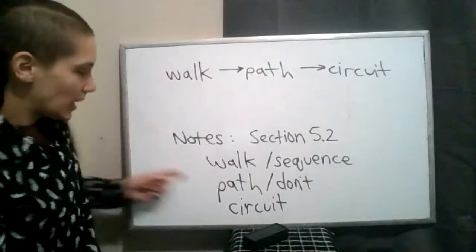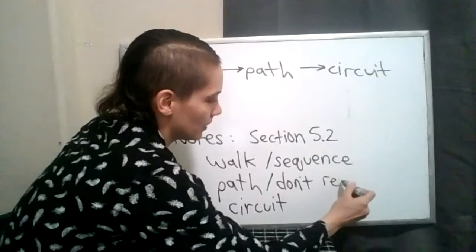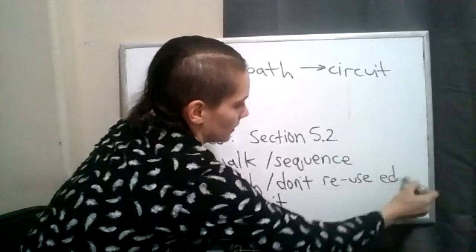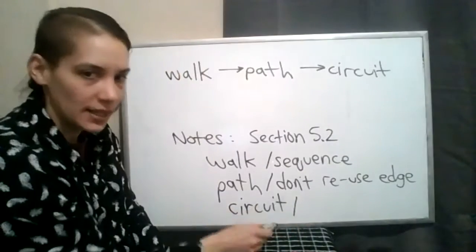And we're going to practice. That last part here is, let's see, don't reuse. I think it's too dash. And then this one is the start has to be the same as the end.